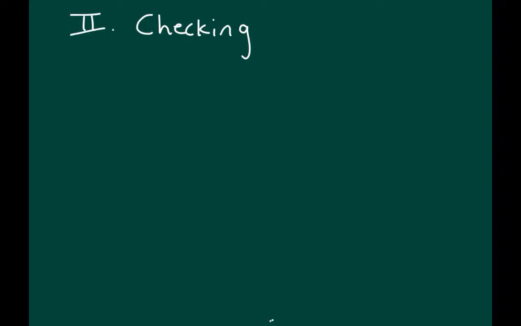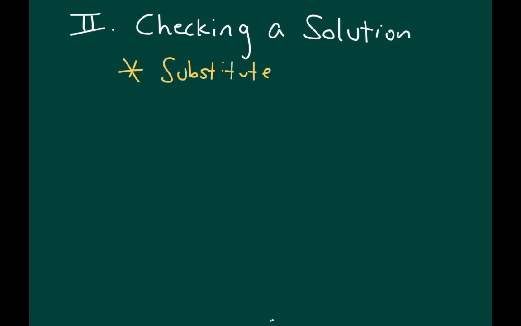So checking a solution. I'm going to put the little asterisk and kind of say what to do first. Substitute x and y values in, see if it's equal. So this would be where you know the point, and see if it's equal.